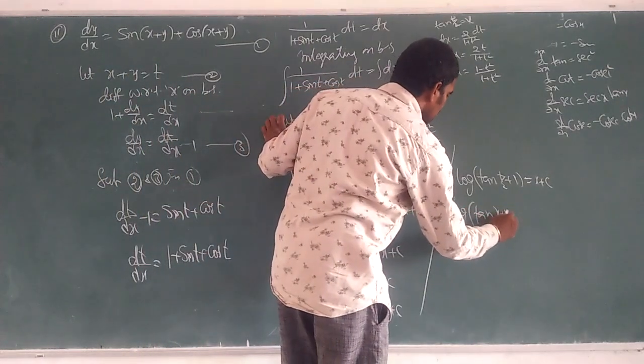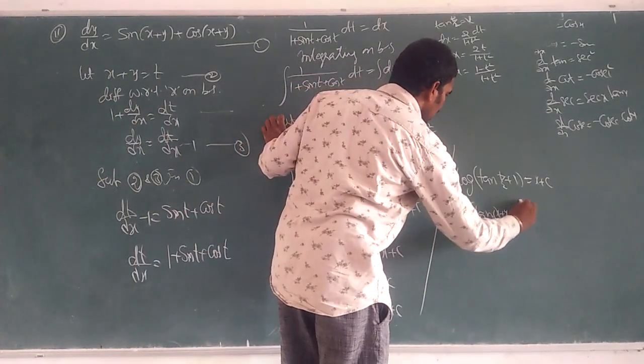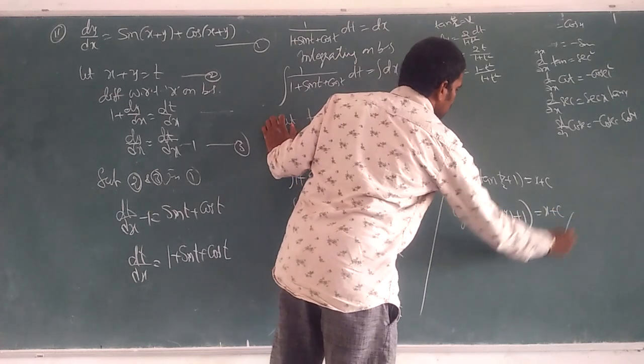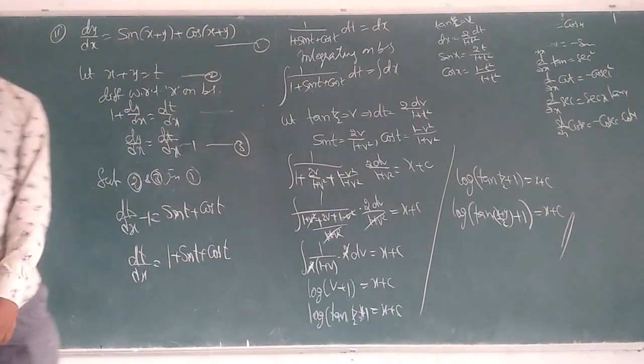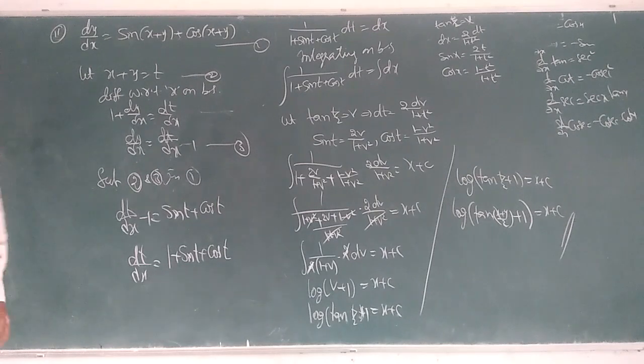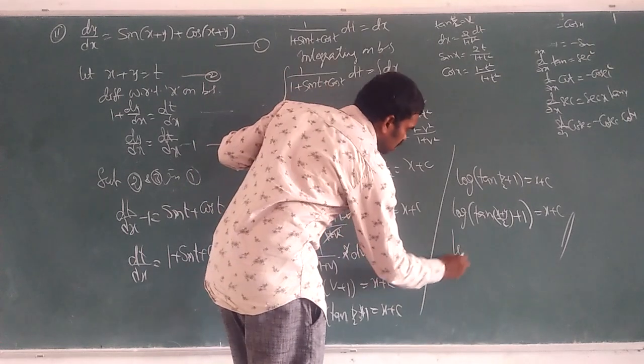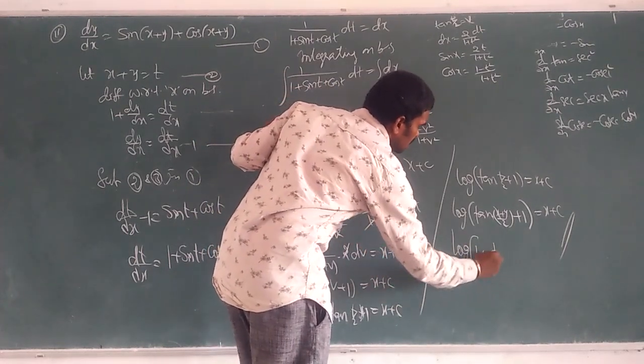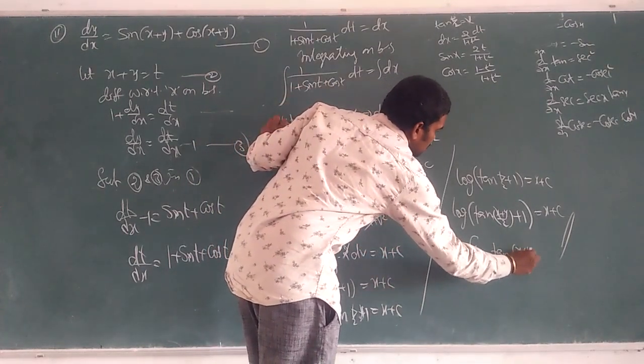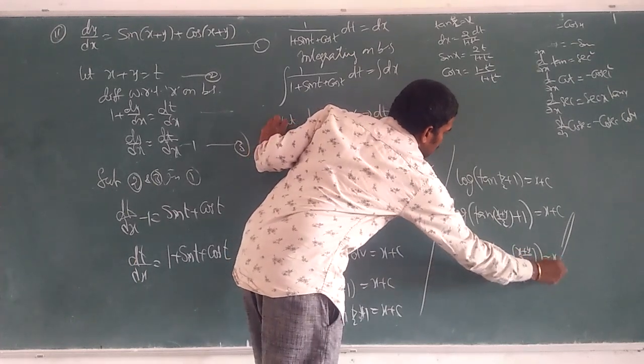So log of tan of x plus y by 2 plus 1 is equal to x plus c. That's it. Or you can write log of 1 plus tan of x plus y by 2 is equal to x plus c.